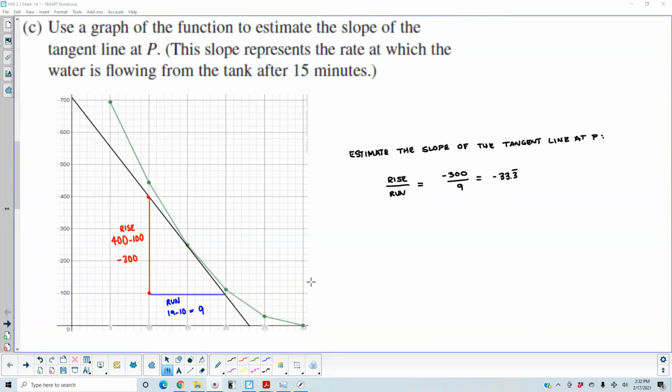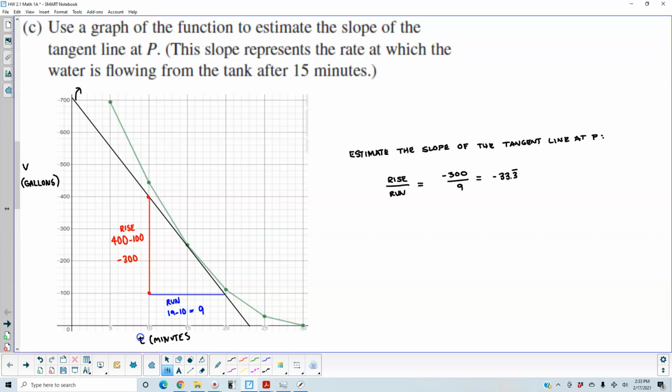And so let's just label this. So remember that this represents the volume in gallons. The x-axis was T, which is in minutes.